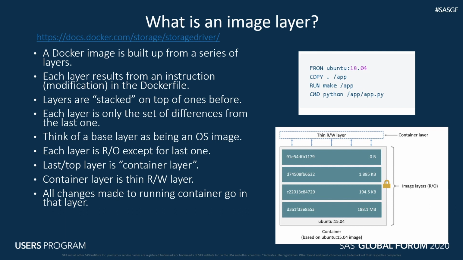Again, the analogy might be installing software onto a machine to build up to the image you want. And then when you turn it on, you have the read-write layer, the user space, for example, on a machine where the user can create files and work with them. But the user is generally not changing the underlying software layers on the system.